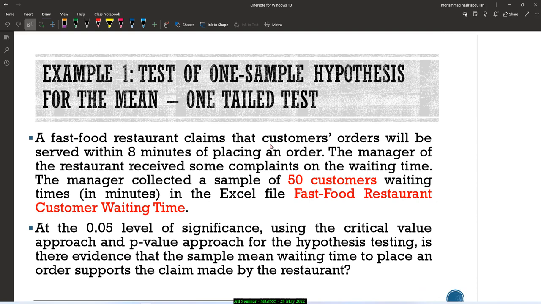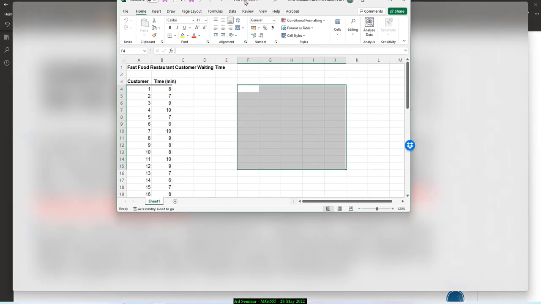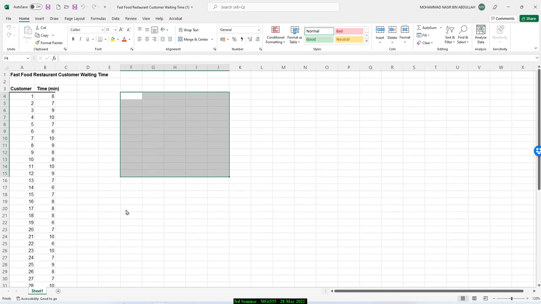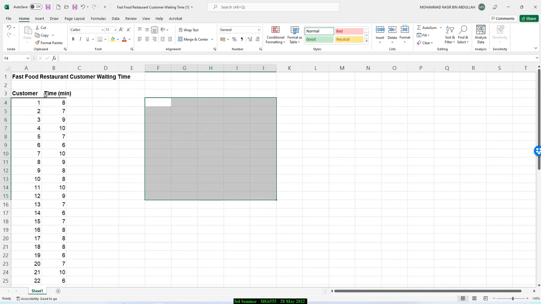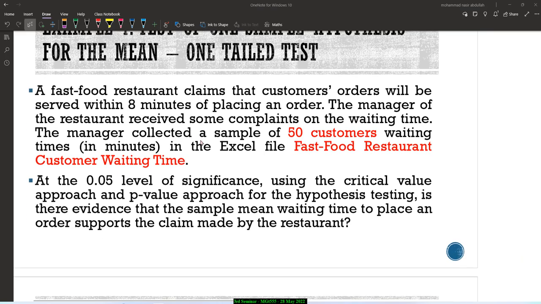Now, we look at example number 1, which is fast food restaurants. Right, fast food restaurants. Kita tengok dalam data set ni, I dah bagi dekat you. So, fast food restaurants. So, dekat sini kita ada customer and time. Right. Waiting time. Right. Kita tengok baca soalan dulu. So, fast food restaurant claim that customer order will be served within 8 minutes.